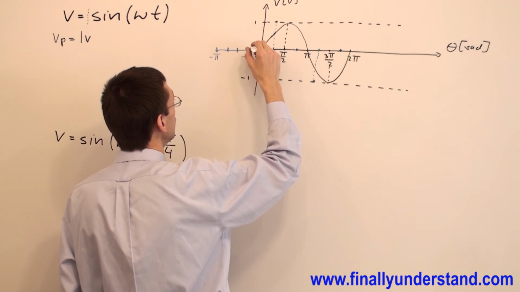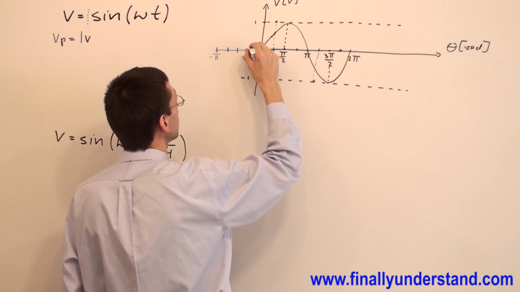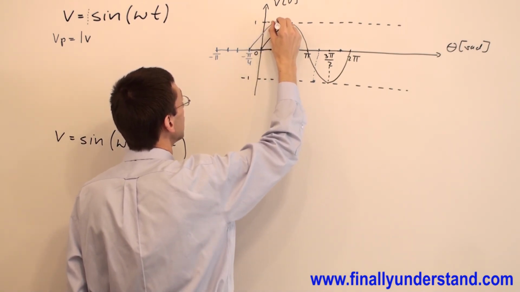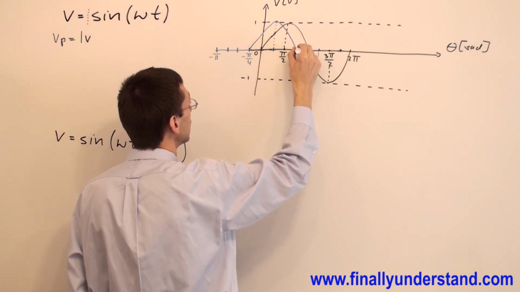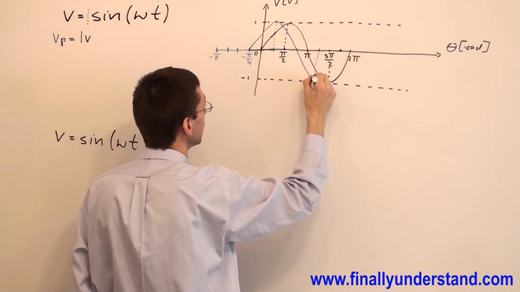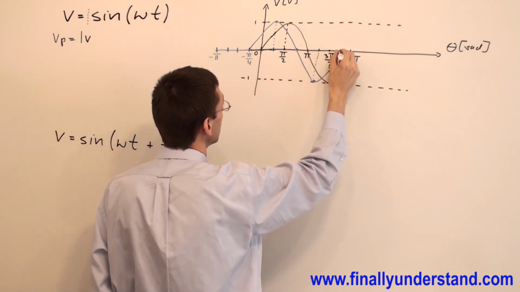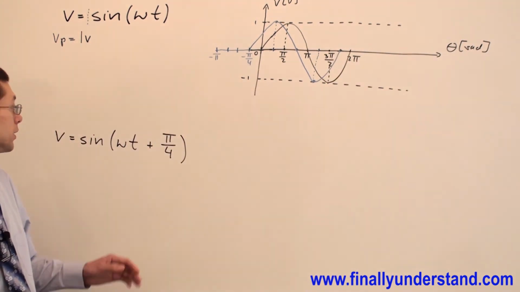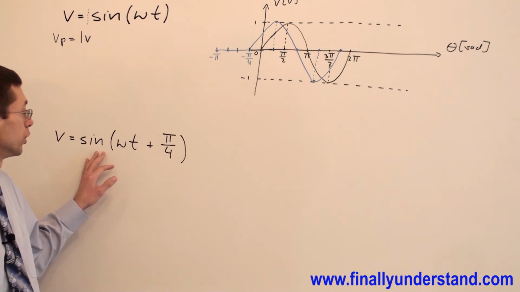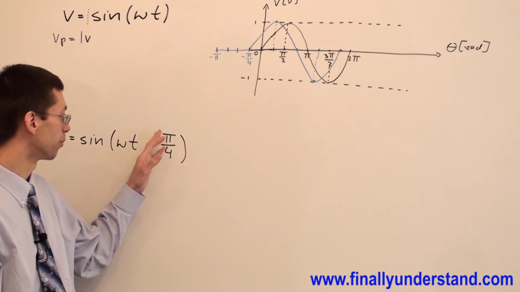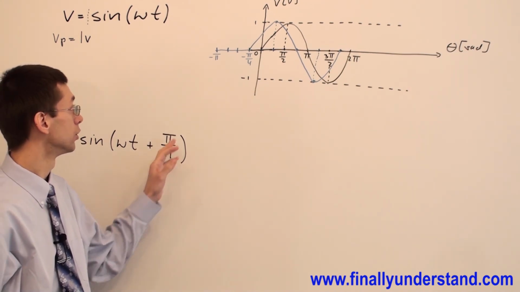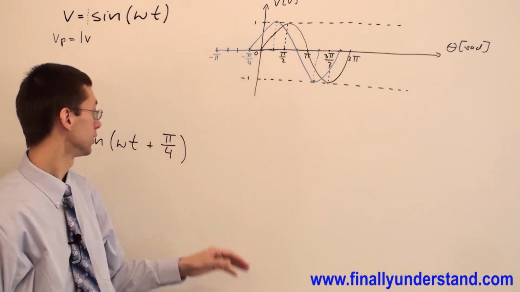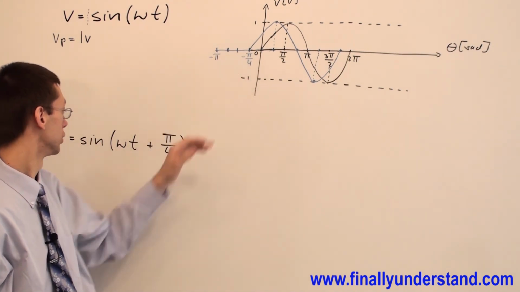Next, I'm going to connect all these points together. Now, we got the sine wave, which is shifted by pi over 4 to the left side. And this is the solution to this problem.